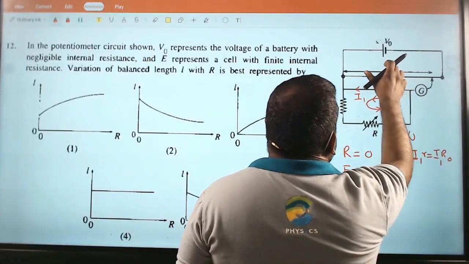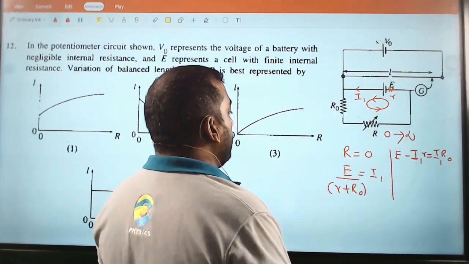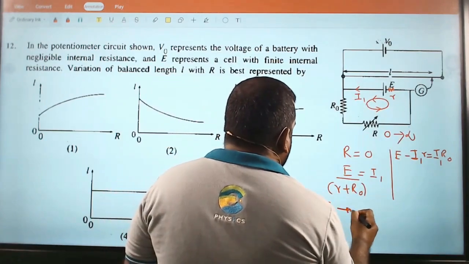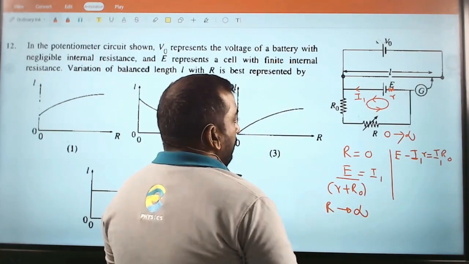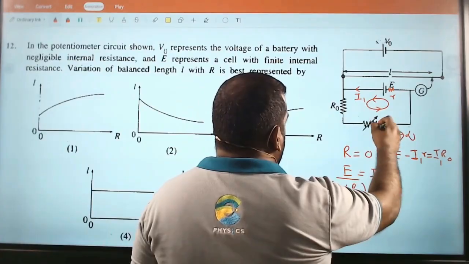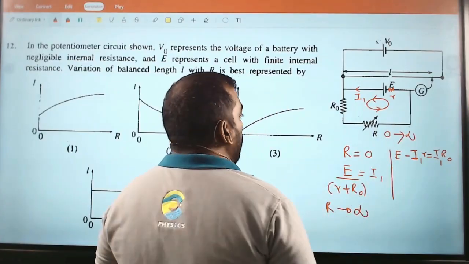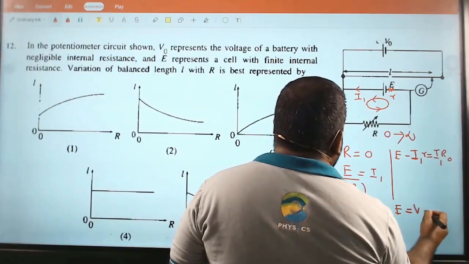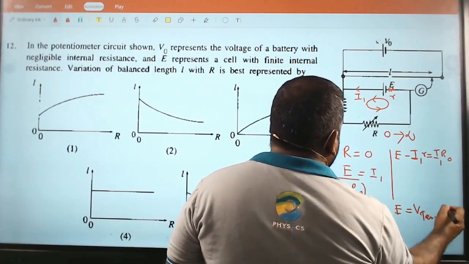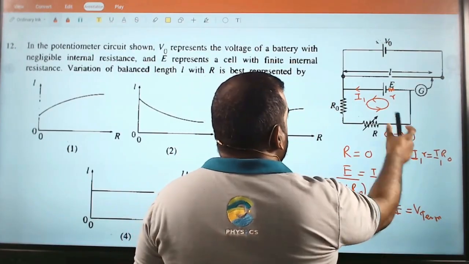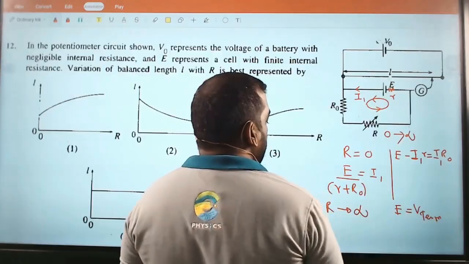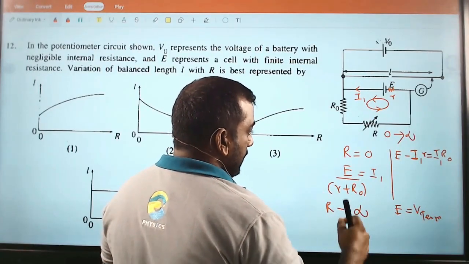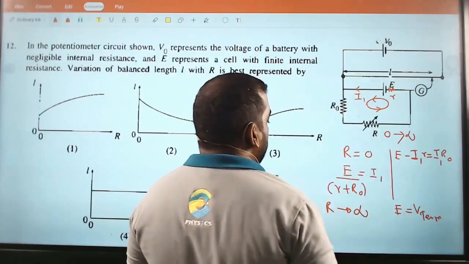There is a balance length here. Okay, right. Now when R goes to infinity, current will not flow. No current is flowing means now your terminal potential difference is going to be E. Here lesser voltage, lesser balance length.